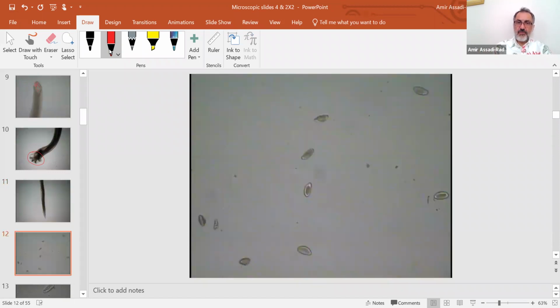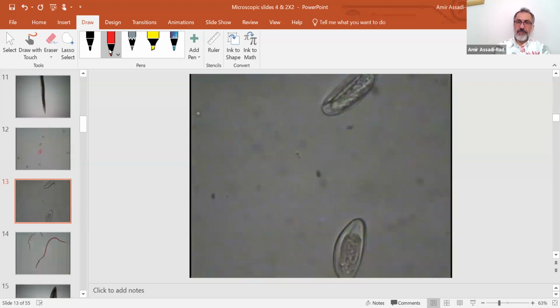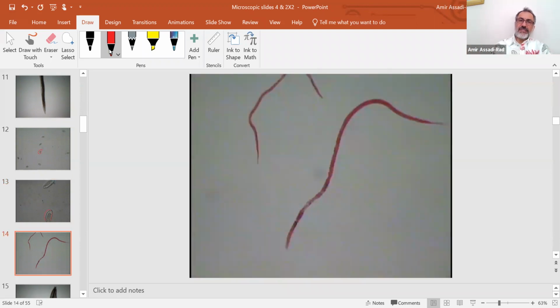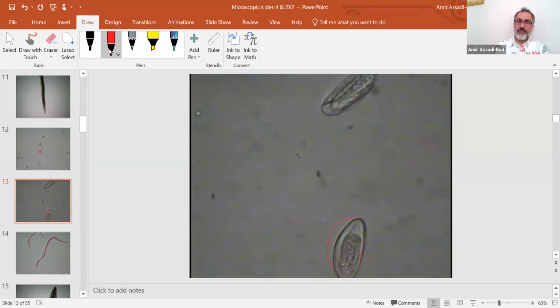These are the eggs of pinworm, flat on one side, curved on the other. Same thing again, flat on one side, straight, and they are like a dome shape on the other side. Okay, this is your pinworm, Enterobius vermicularis.